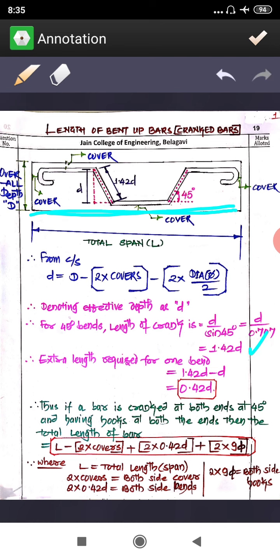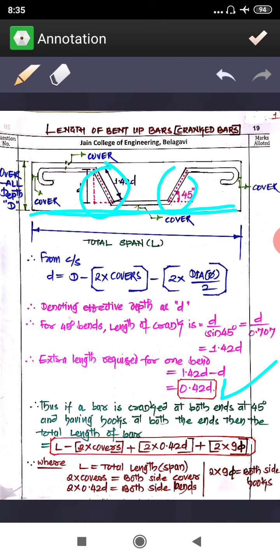The extra length for one bend is 1.42d minus d, which is 0.42d. This is the extra length required for one side, so here it is 0.42d and here it is 0.42d.